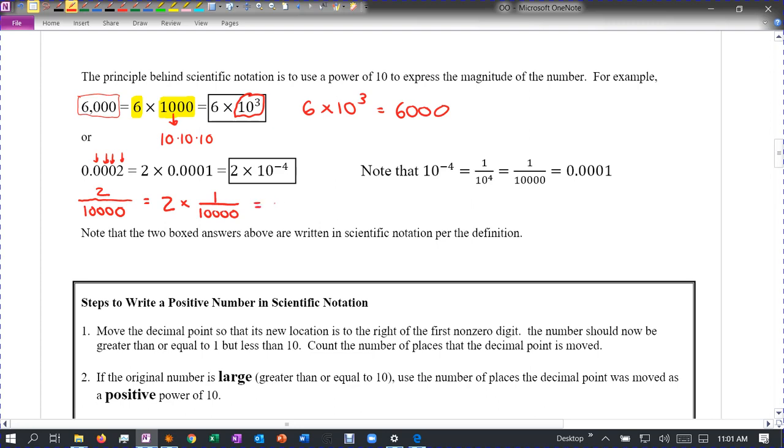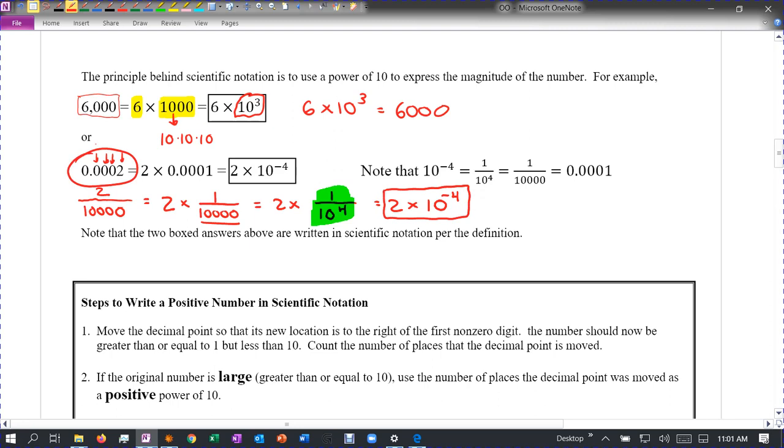But 10,000 is really 10 to the 4th power. If you want to get 10,000, you can just multiply 10 times itself 4 times. Now this should look like the notation we just worked with. That should be 2 times 10 to the 4 moved up and made negative 4. So this is the scientific notation for this decimal.